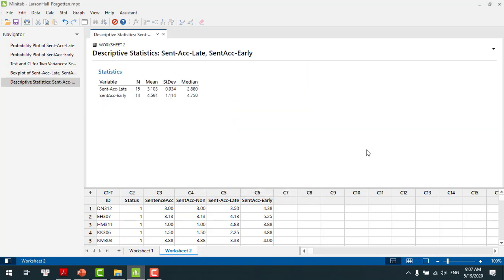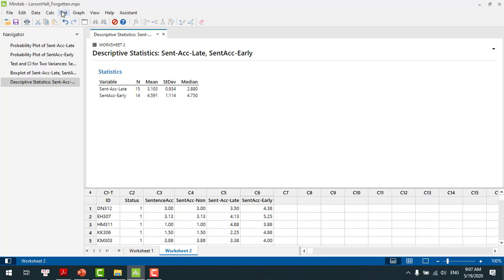We run that, and we can see that the late group had a mean of 3.1 and the early group had a mean of 4.5. So that looks like there's a big difference there, but again, we need to see whether this is going to be a significant difference statistically. Okay, so we're ready to run our t-test.